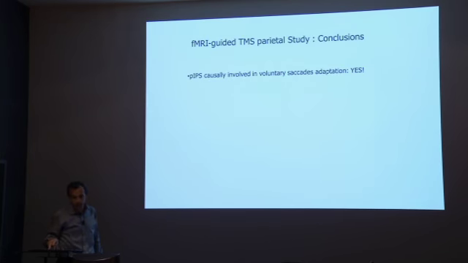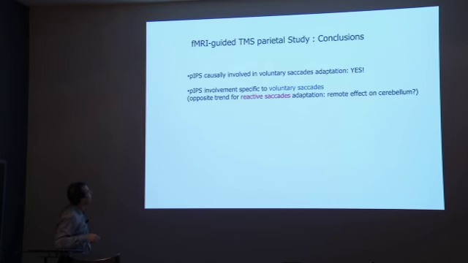So to conclude this last study, we can say that the PIPS is indeed causally involved in voluntary saccade adaptation, that this interference with saccadic adaptation is specific to voluntary saccades, because we observe an opposite trend for reactive saccade adaptation, although barely significant.